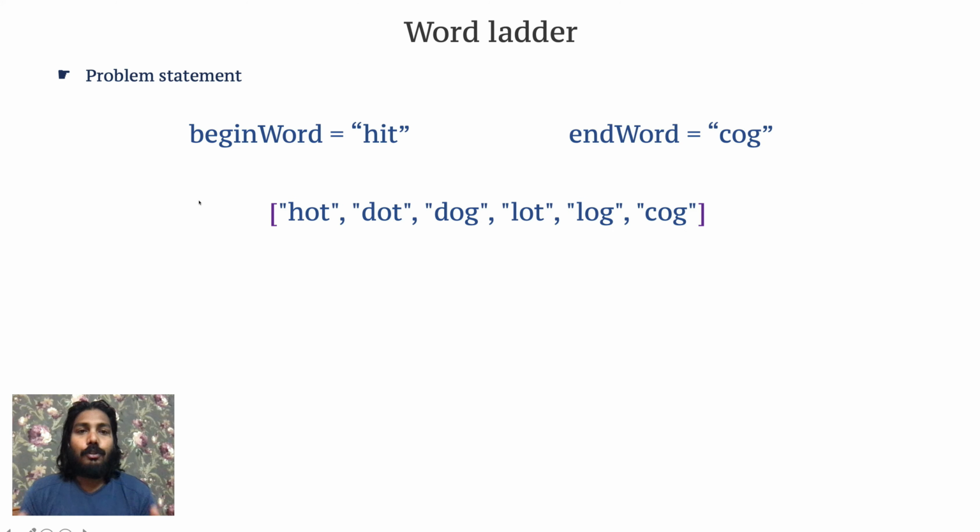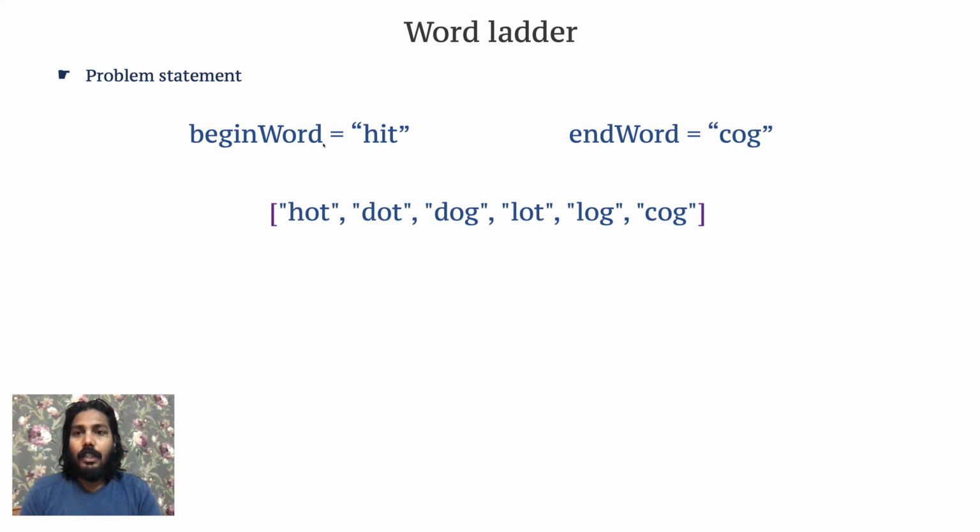We are also given a list of words that we can transform to. If you change one character, the resulting word should be available in the word list, and you can pick that up and move ahead with that word, then change one more character, and do this until you reach the end word.